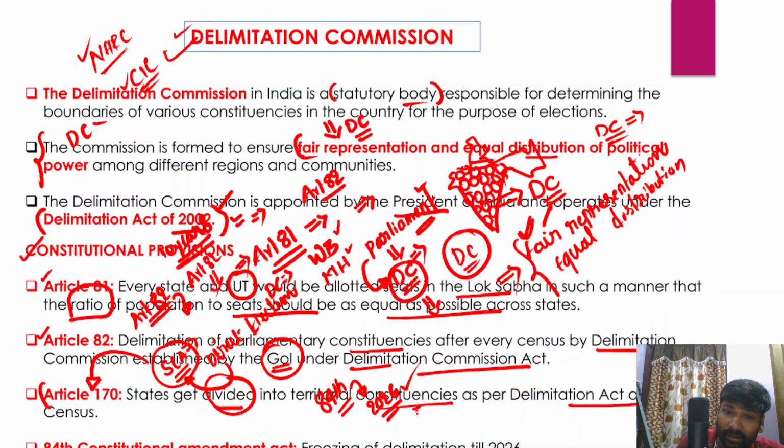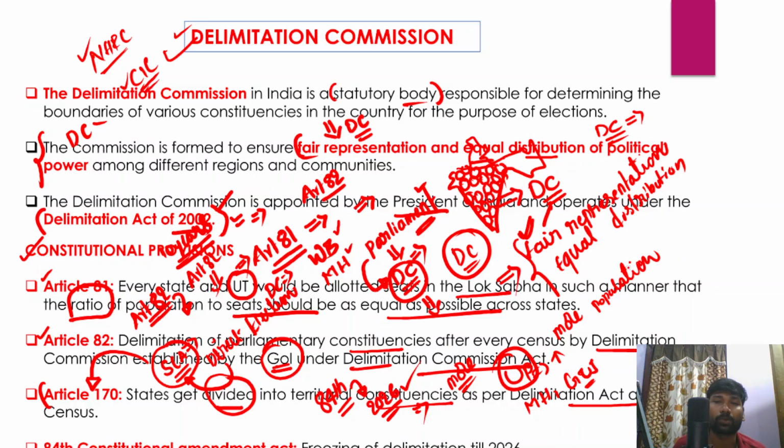Because more population for any state means more number of seats. For example, one thing that we should understand: Uttar Pradesh has more seats compared to states like Maharashtra and Gujarat. So why? Uttar Pradesh has more seats because Uttar Pradesh has more population compared to these states, and because of that reason Uttar Pradesh has more seats.